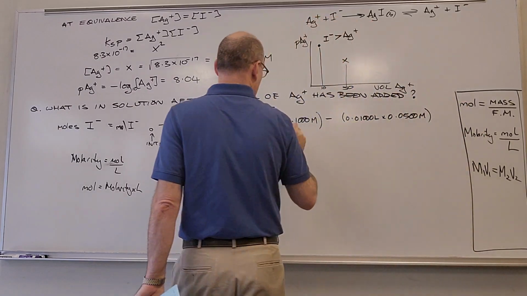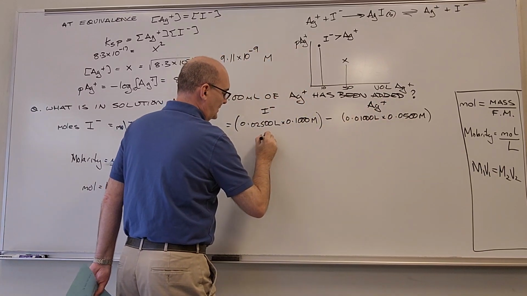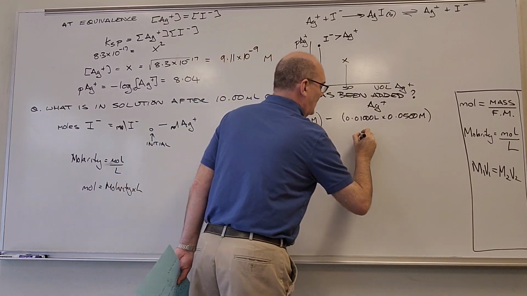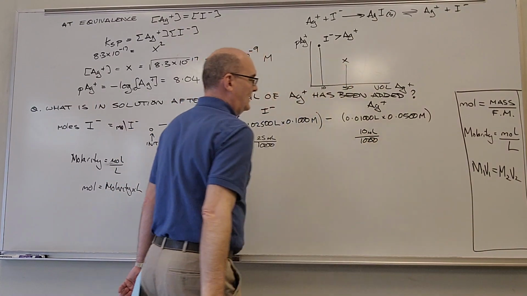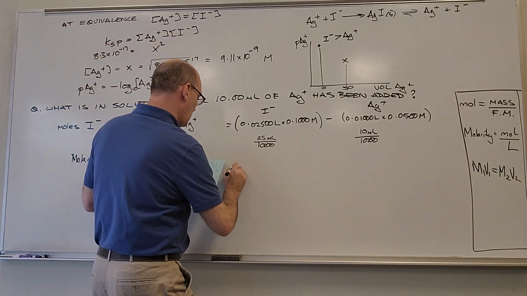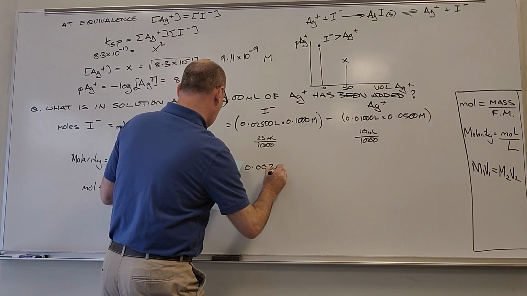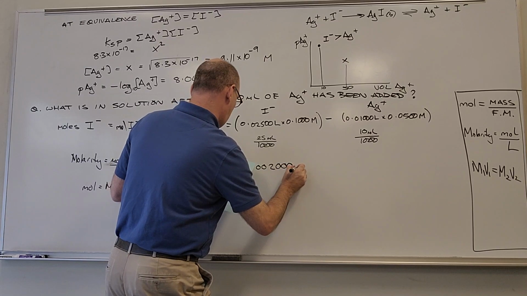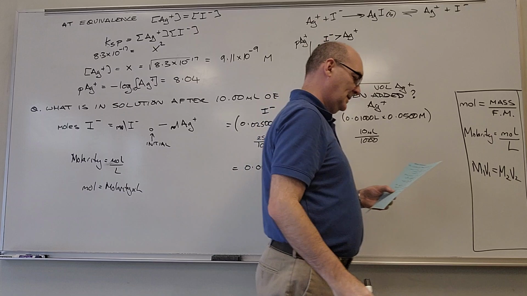That's my silver plus. So this is my 25 milliliters divided by 1,000. This is my 10 milliliters divided by 1,000. There's a number that pops out of this, and it is 0.02 moles of iodide.